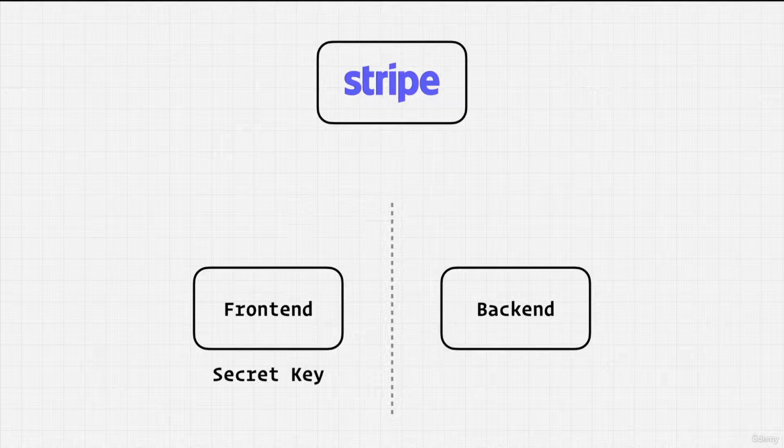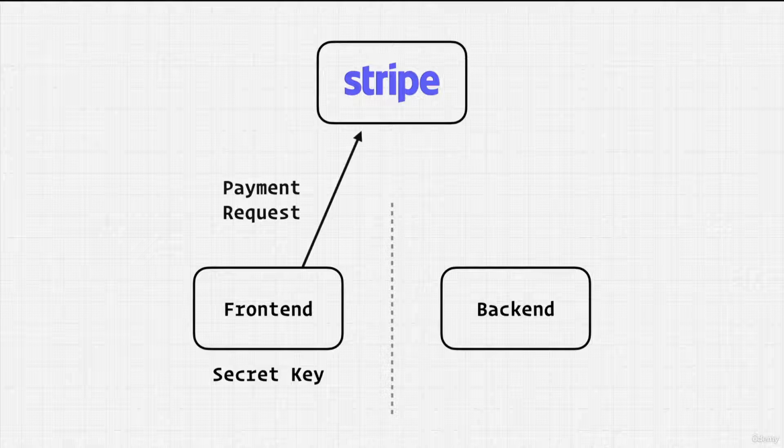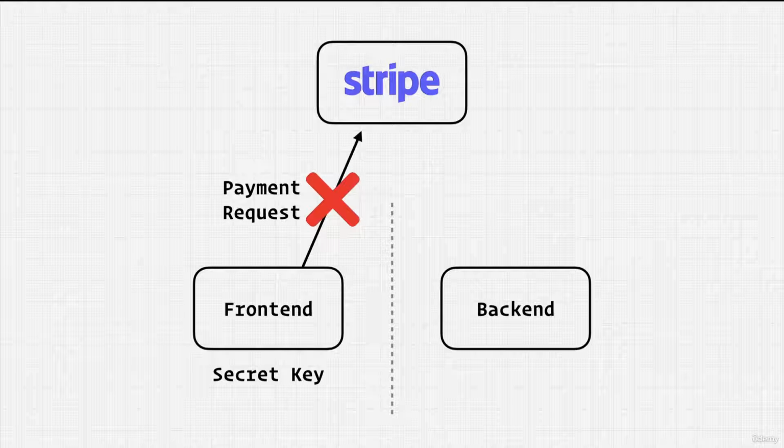A lot of third-party applications will give you a secret key. If you keep it on the front end and try to make a payment request from your front end, passing the secret key to Stripe so that Stripe knows that this is you, you'll notice that Stripe will block this payment, because you are not allowed to keep that secret key on the front end because there is very limited security on the front end.